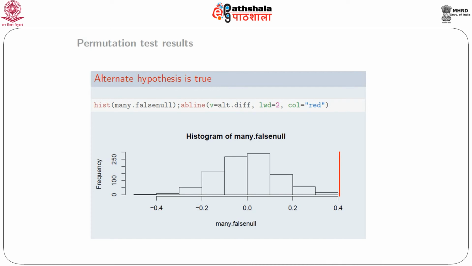Now, a point about the permutation test is that it is useful when we do not know how to compute the distribution of the test statistic. So, what we do is we take random reorderings of the data and compute the statistic, and for each of those reorderings we get a statistic value. From that we can calculate the sampling distribution of the statistic, and hence we can base our inference on it.